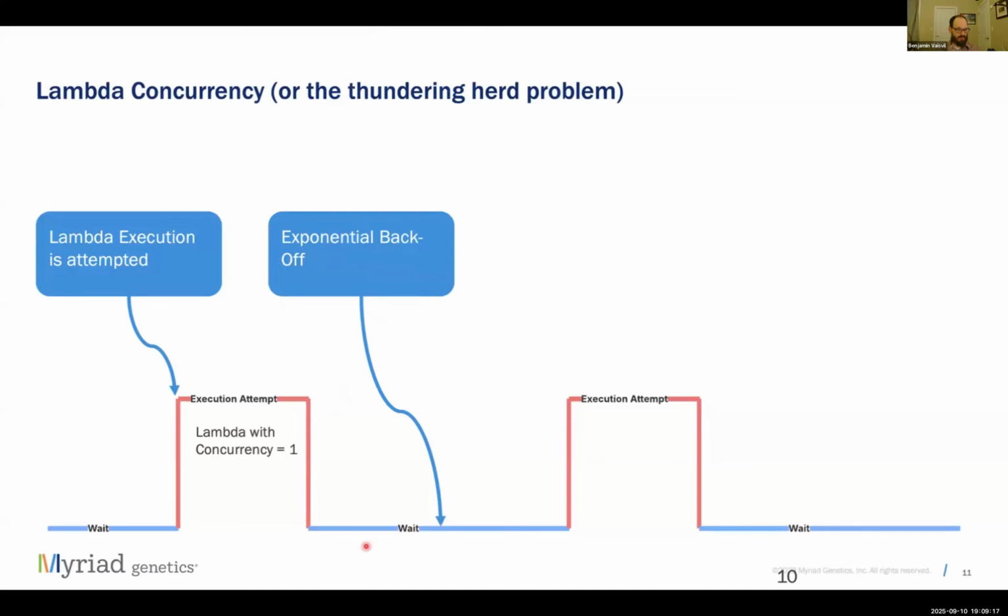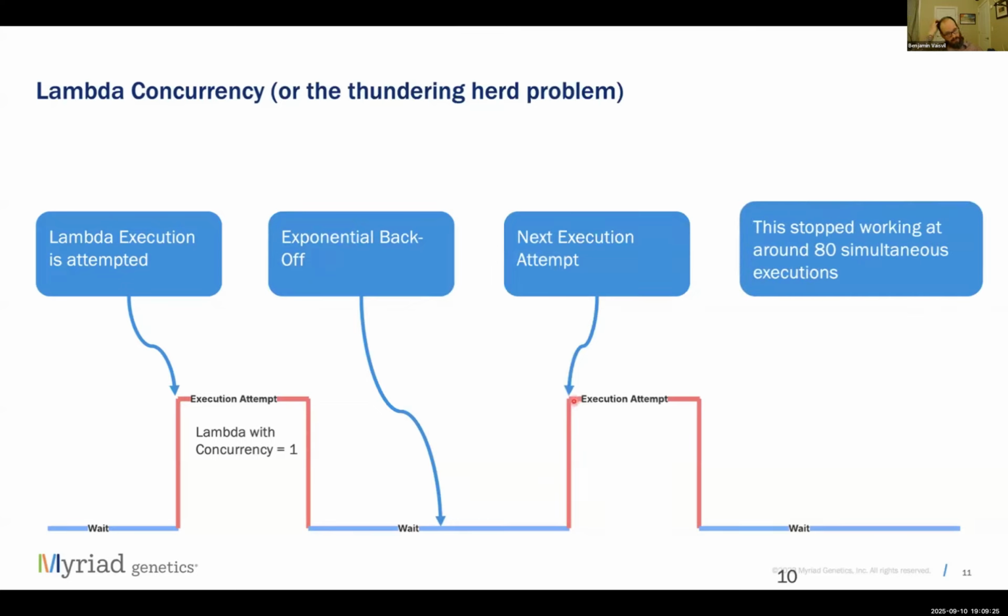But they all receive the same exponential backoff, then they will all try to execute at the exact same time again. We only encountered this problem around 80 simultaneous executions. That could have just been unluckiness. It could easily be that we would have encountered it at a lower number even.